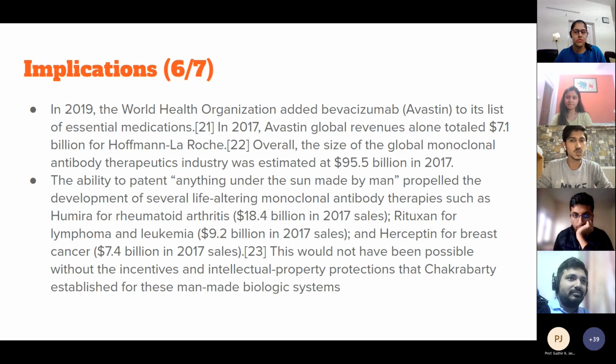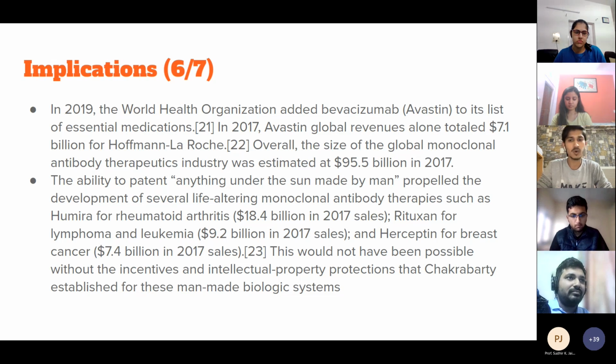Other medicines also approved by the World Health Organization, like Avastin, have $7.1 billion, and Humira for arthritis, $18.4 billion. I am quoting this data to show the significance of this act which it created in human society.